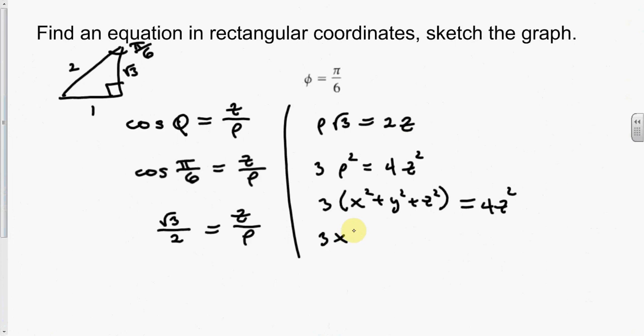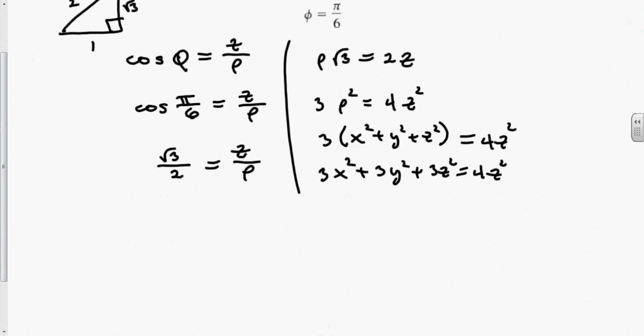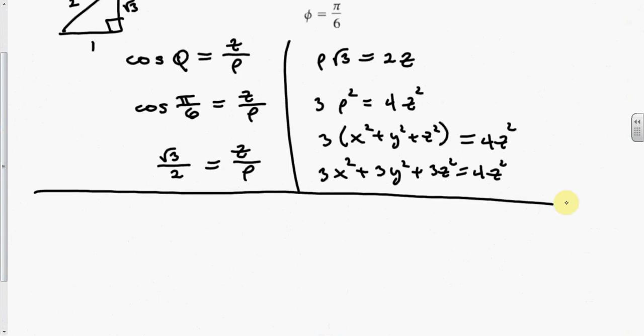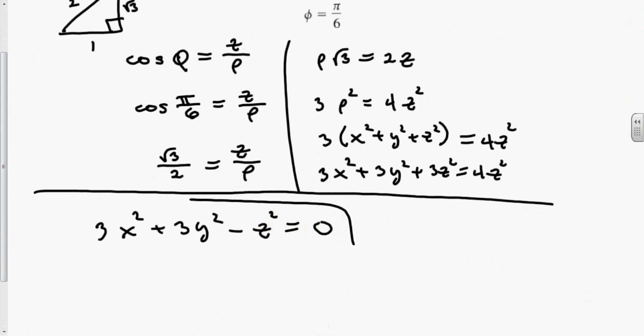So this is 3x squared plus 3y squared plus 3z squared is equal to 4z squared. Now I'm going to subtract 4z squared on both sides. So I end up with 3x squared plus 3y squared minus z squared is equal to 0. What is that?